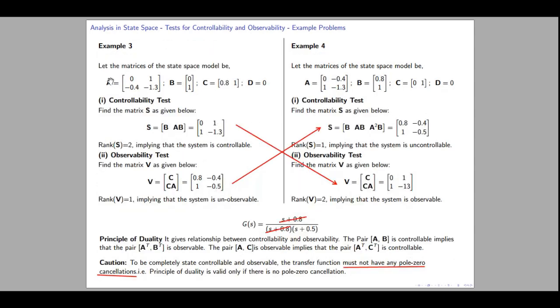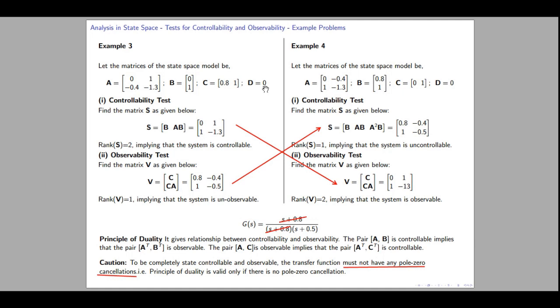Here I have taken two examples, example 3 and example 4. If you look at this set of matrices, you can easily observe that this is in controllable canonical form. Obviously, since this is in controllable canonical form, you will say that this is a controllable system.